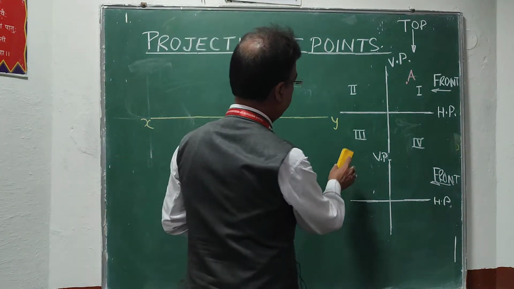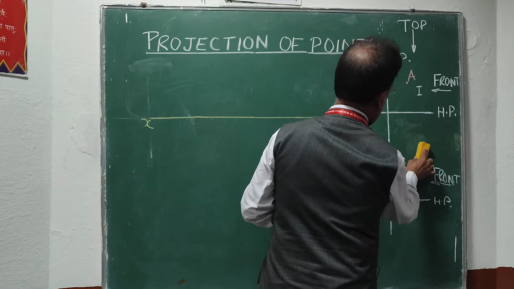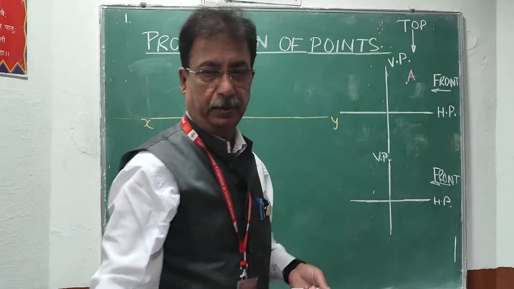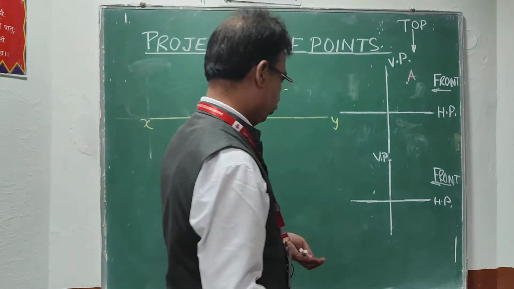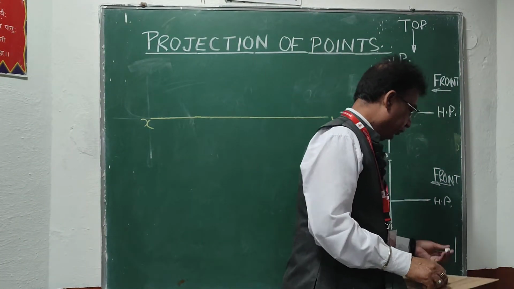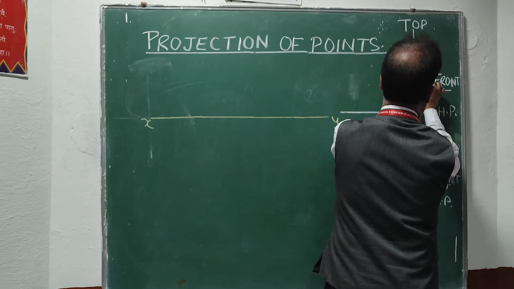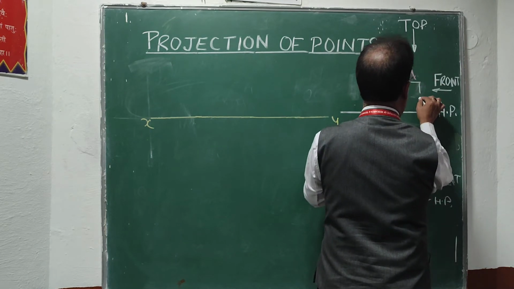This is our first point, and the location of the point will be given to me as the shortest distance from the planes. Suppose this point is H above the HP and D in front of VP.